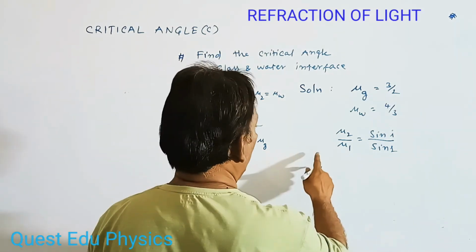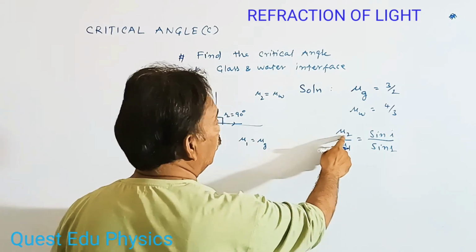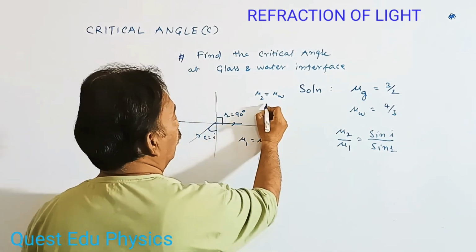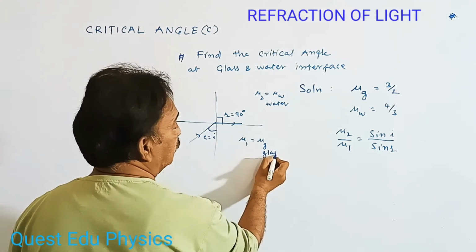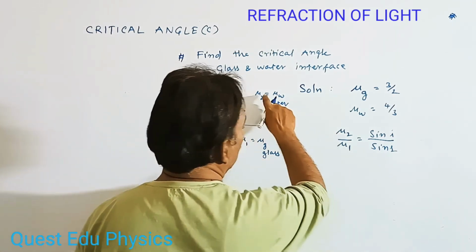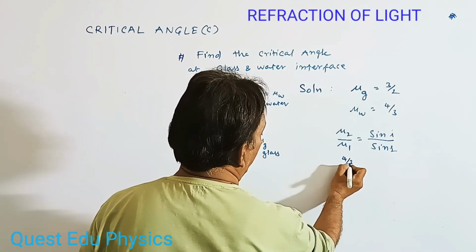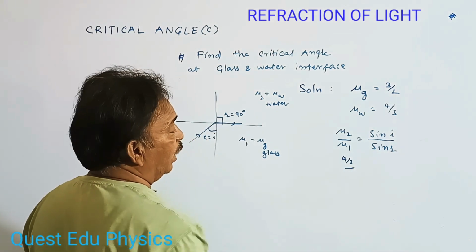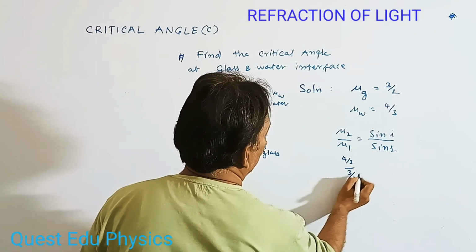First, put the values of the refractive indexes of the first and second medium. mu2 is what? Water, the rarer medium, and glass, the denser. Students, mu2 is water, which has a refractive index of 4 by 3, and the first medium is glass itself, which is 3 by 2.